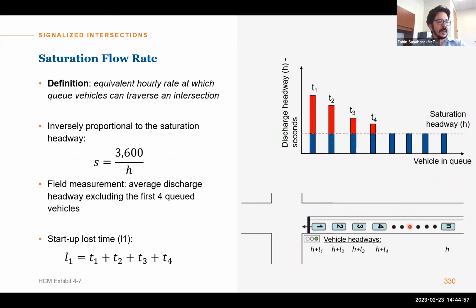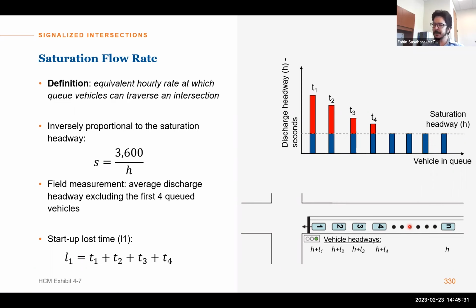And since we'll be talking a lot about saturation flow rate, that's probably the most important parameter we discuss in intersections, it's important to provide a proper introduction here. The definition provided by the HCM is an equivalent hourly rate at which queued vehicles can traverse an intersection. That means whenever the signal turns green, that is the rate at which vehicles will be discharging at the stop bar, and that reflects capacity.